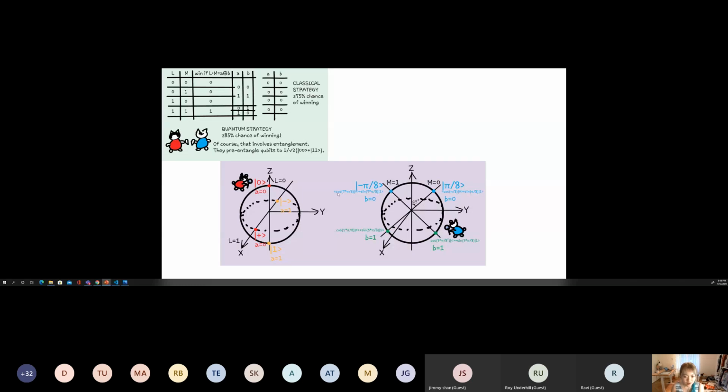Why? Because this amplitude cos of 7 times pi over 8, squared, is 0. How do we know this? 7 times pi over 8 is the angle away from the z-axis. So it's 1, 2, 3, 4, 5, 6, 7 of them. And that's why along these special states, they are 45 degrees apart, so they have this symmetry here, and you're maximizing Bob's chance of getting a 0 out.